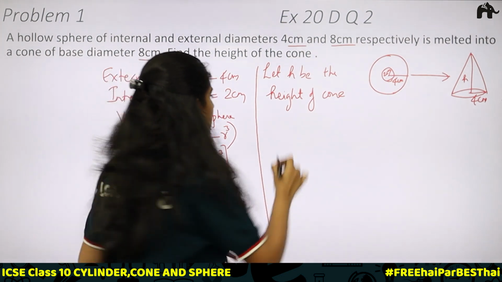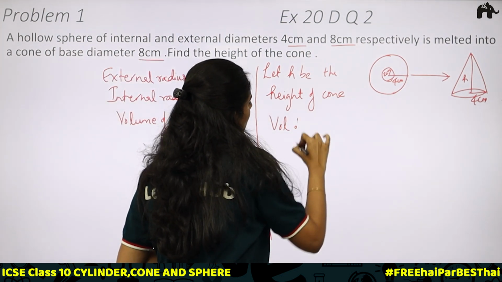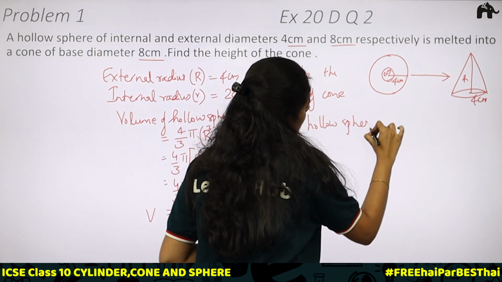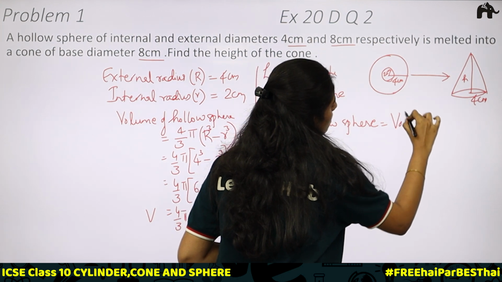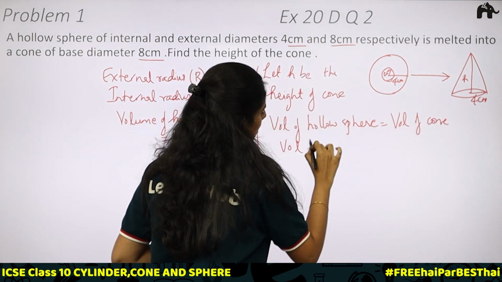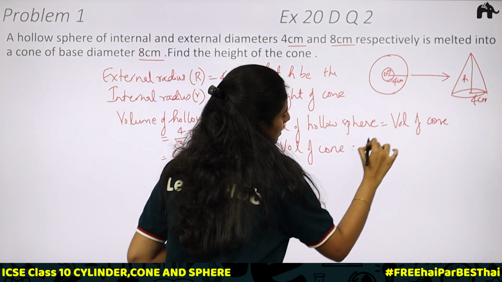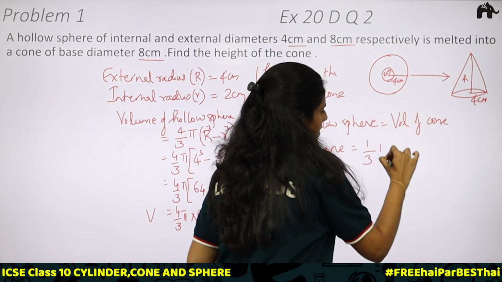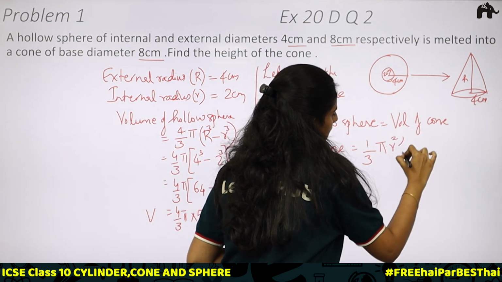We know one thing, that the volume of the hollow sphere is equal to the volume of the cone. How to find the volume of a cone? We have the formula 1 by 3 pi r square h.